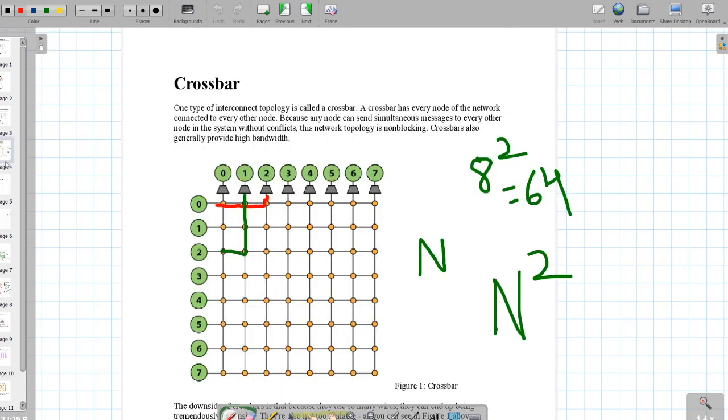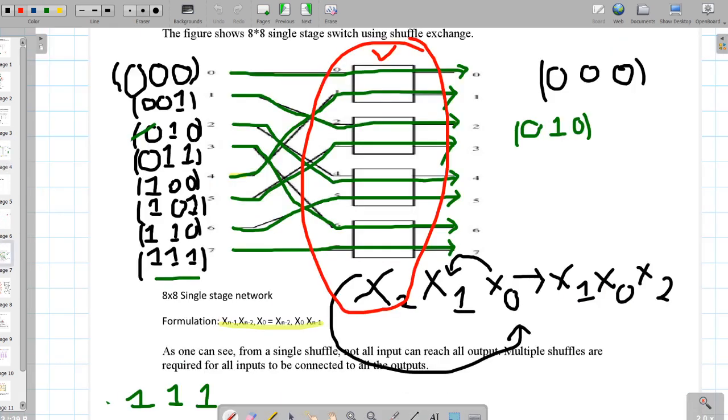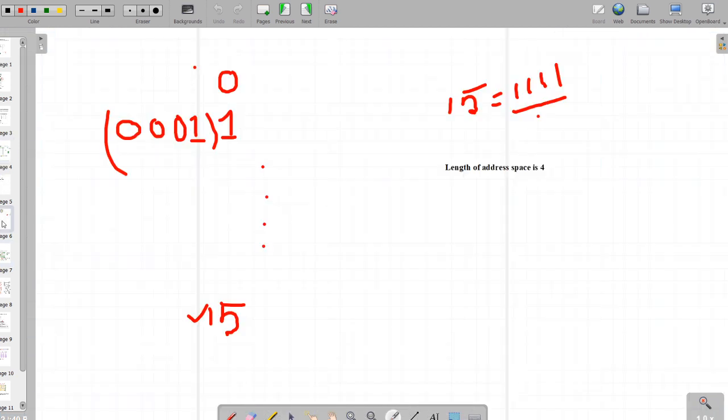That means you have to shift every bit in the address to its left by a single bit, and your address will be, after rotation, 0010.